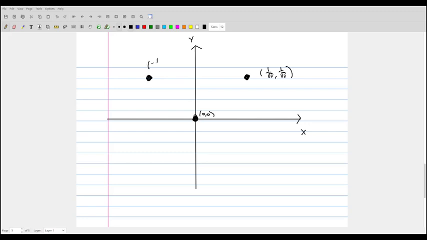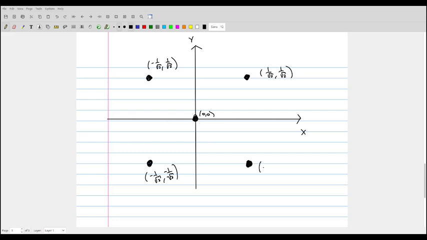The point negative 1 over the square root of 2, 1 over the square root of 2 is a critical point. The point negative 1 over the square root of 2, negative 1 over the square root of 2 is a critical point.